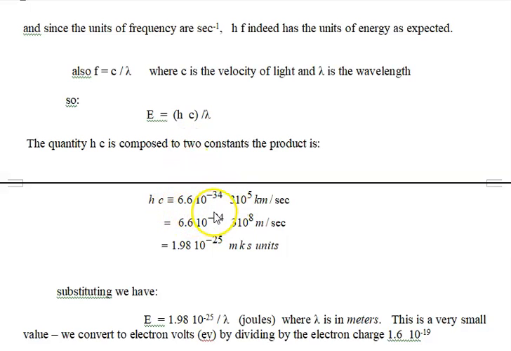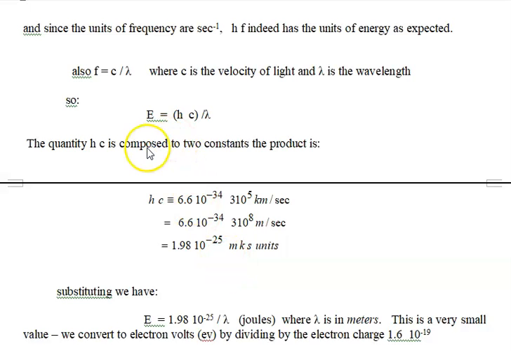Planck's constant is 6.6 × 10^-34 in MKS units. The velocity of light is 3 times 10^5 kilometers per second, or 3 times 10^8 meters per second. So we get 1.98 times 10^-25 in MKS units.